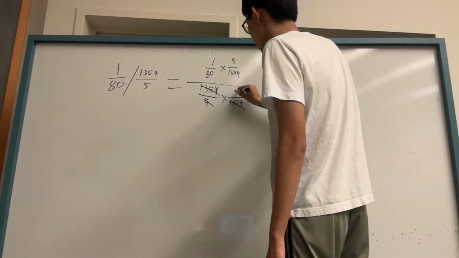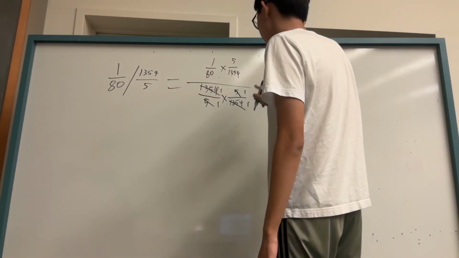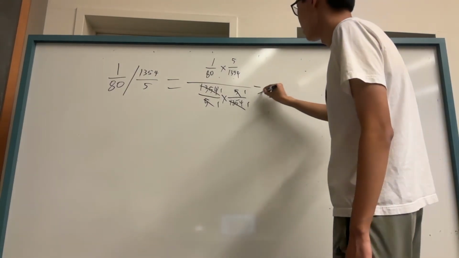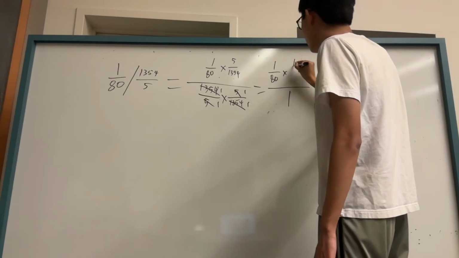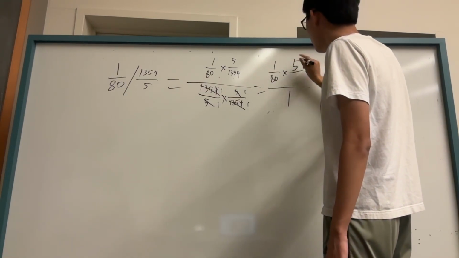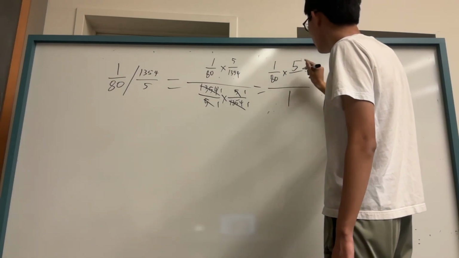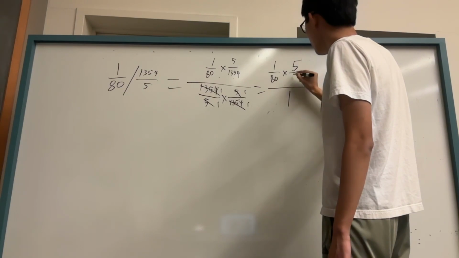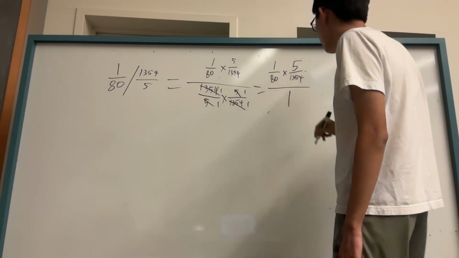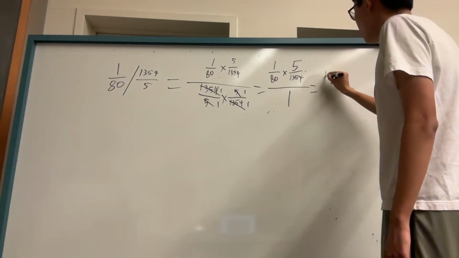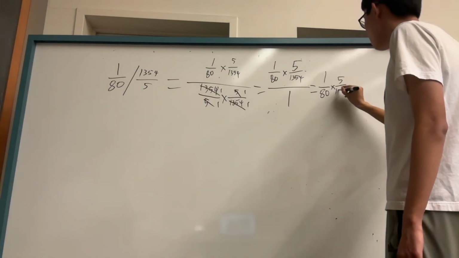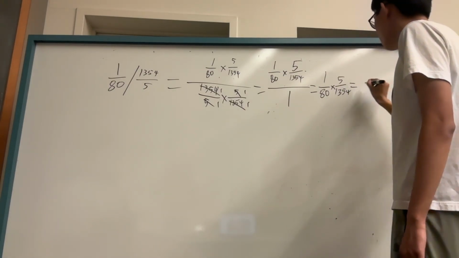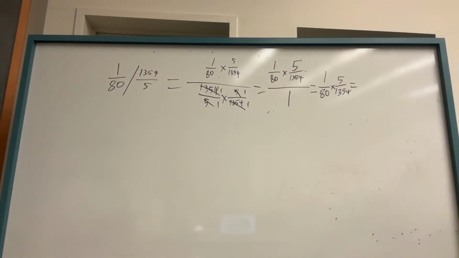This will cancel out to give 1 times 1 divided by 1, which just equals 1. And dividing by a number is indeed multiplying by its reciprocal.